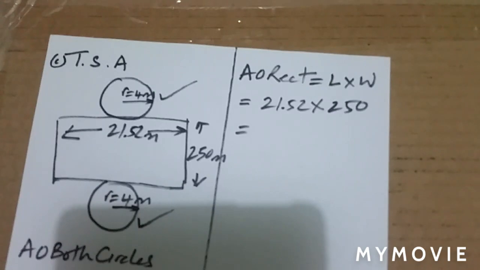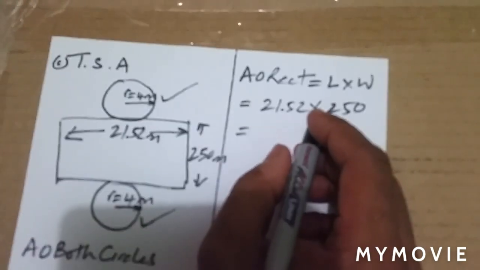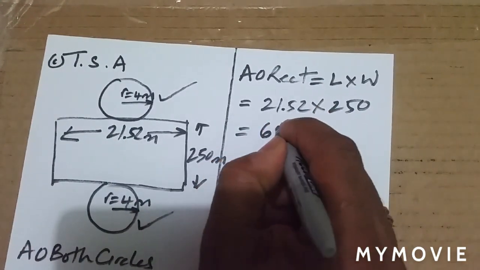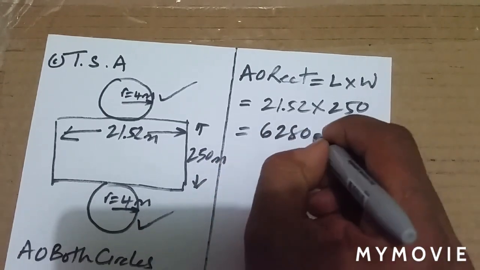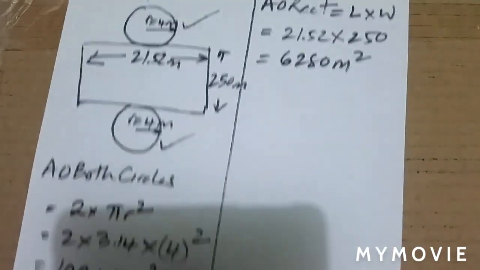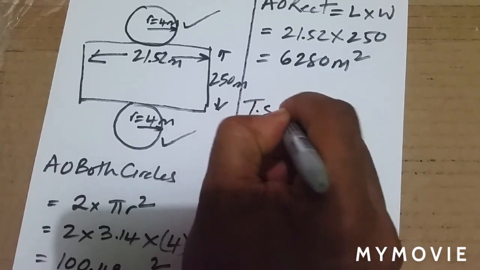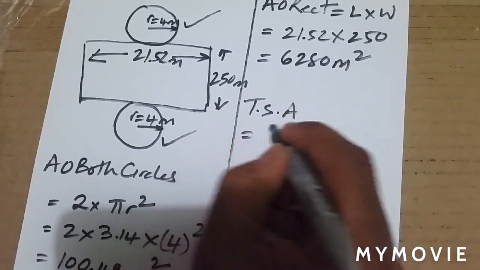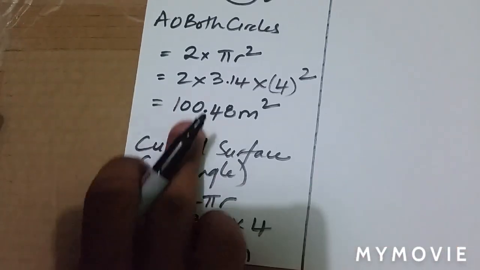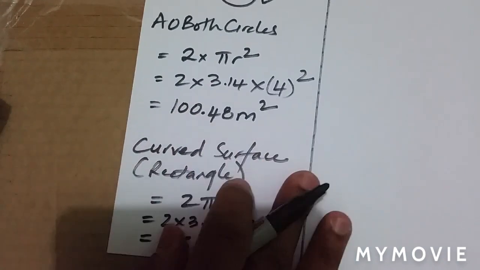Let's do this quickly. And this answer would be 6,280 meters squared.